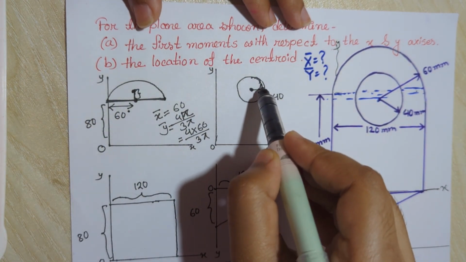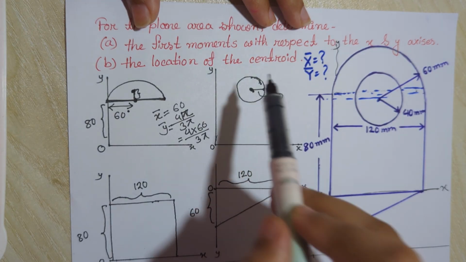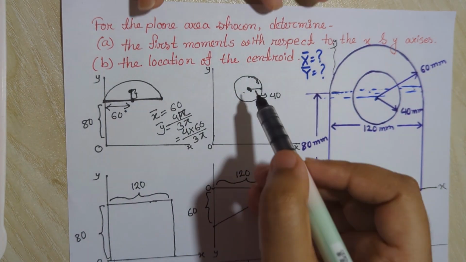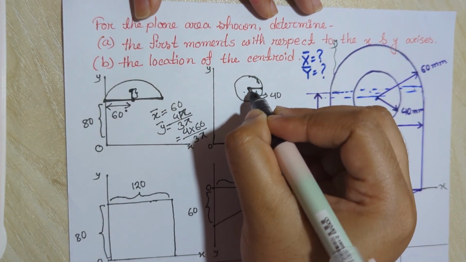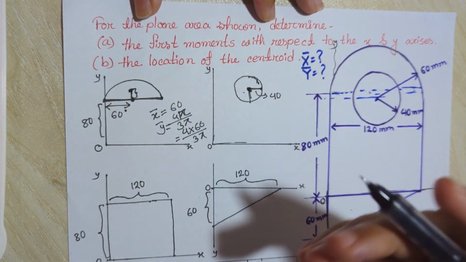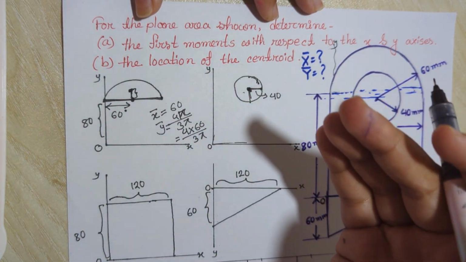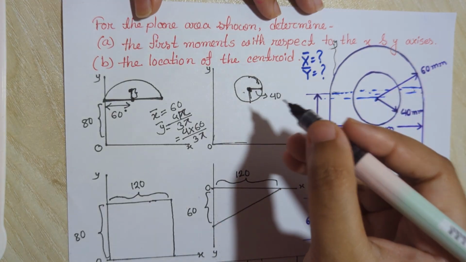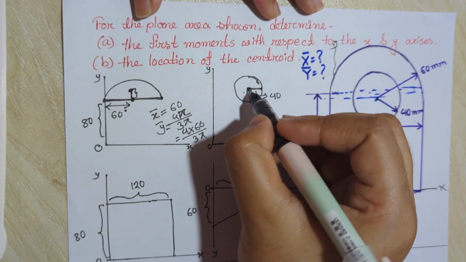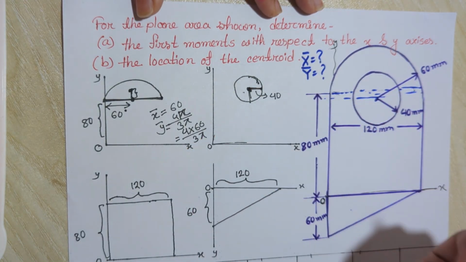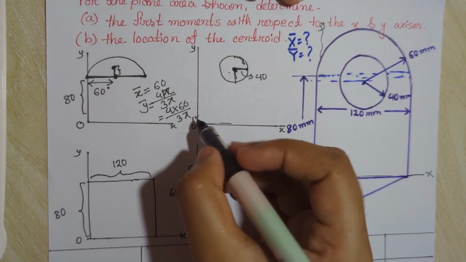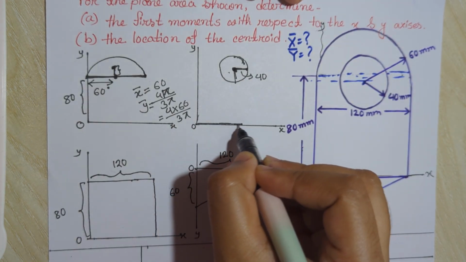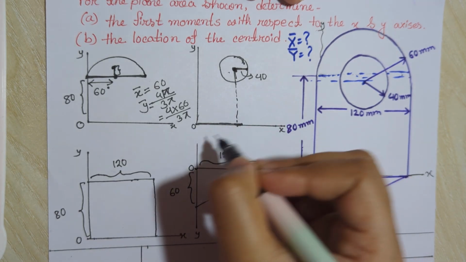And if we want to find the centroid for this full circle, this is the middle point, means this is the center of the circle. The center and the centroid will be the same for this circle. The radius is 40 millimeter, but we have to notice that as this is our main origin, at first we have to go this distance.